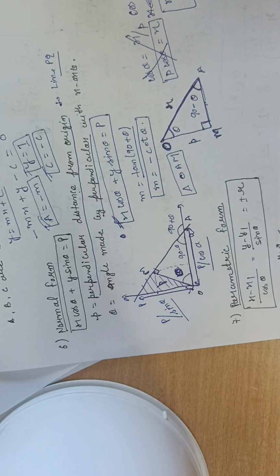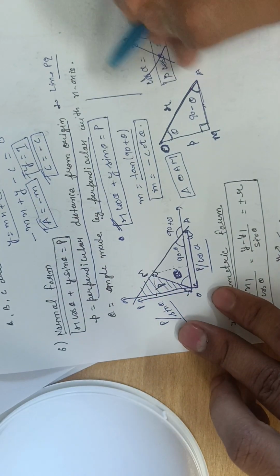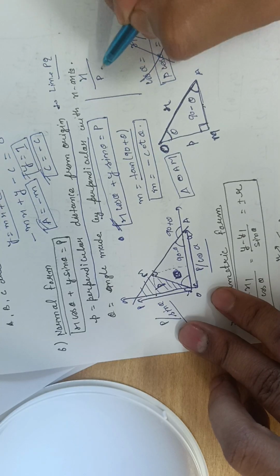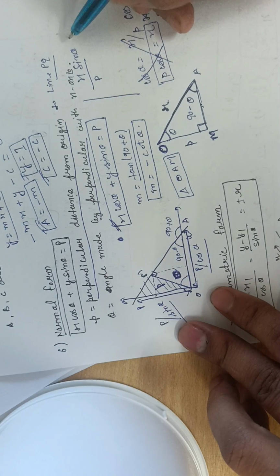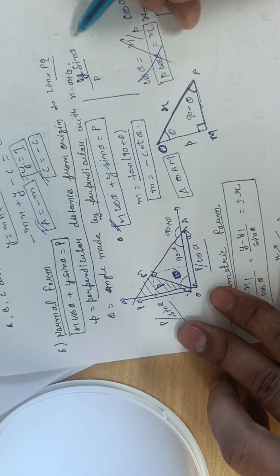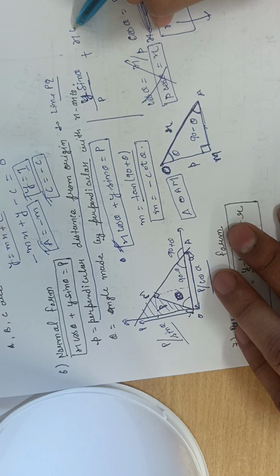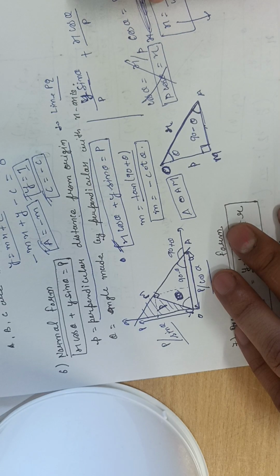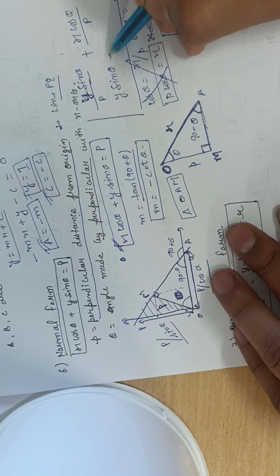And just put this value into the intercept form. I'm sorry, the y, because it is the y intercept. We will be applying the intercept form. If I solve, I will get my result.